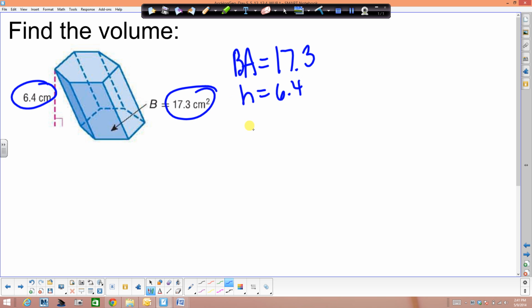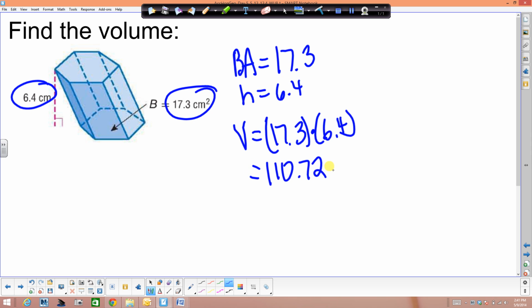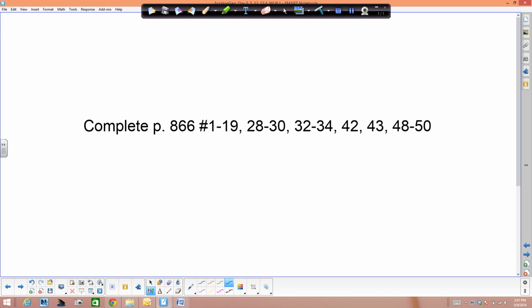So we just multiply those together. If you want to use parentheses so you can tell what's going on. And you should get 110.72 cubic centimeters.